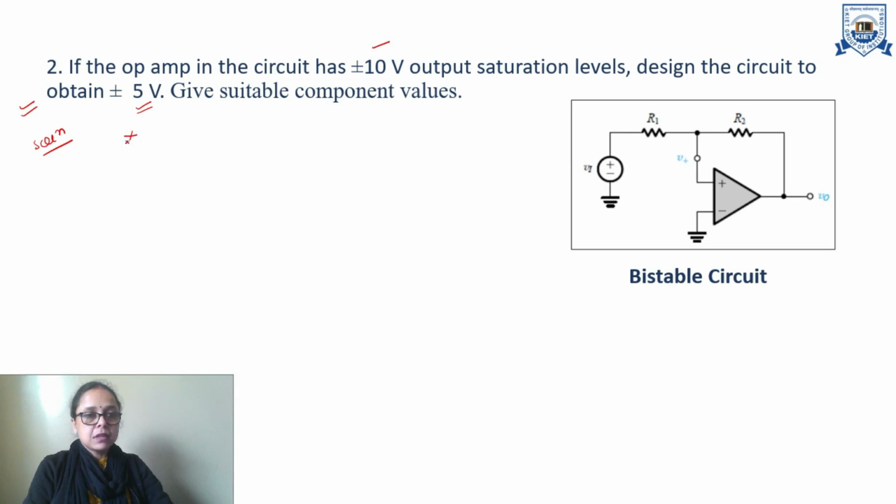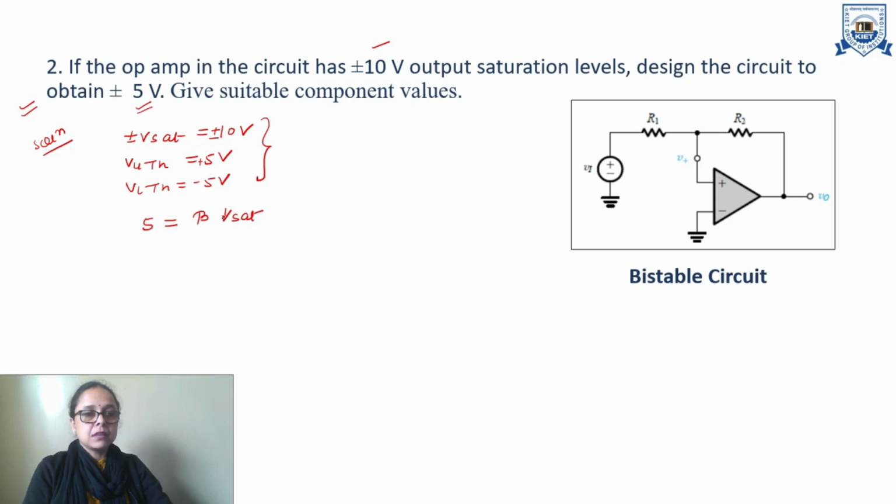So ±Vsat is given as ±10 volts, the upper threshold is plus 5 volts, and the lower threshold is minus 5 volts. Using this we can find the upper threshold, which is beta times Vsat.